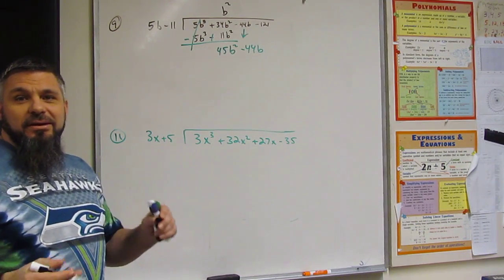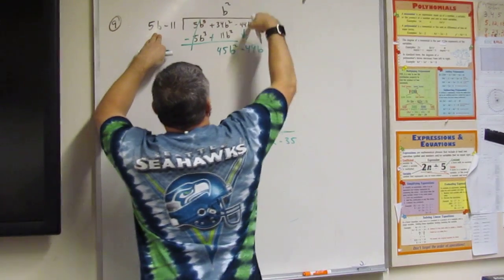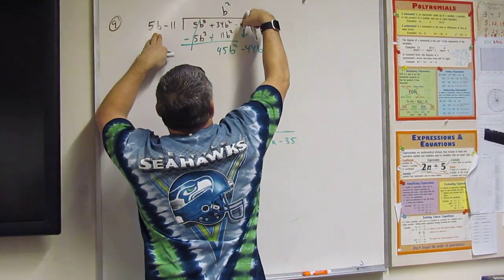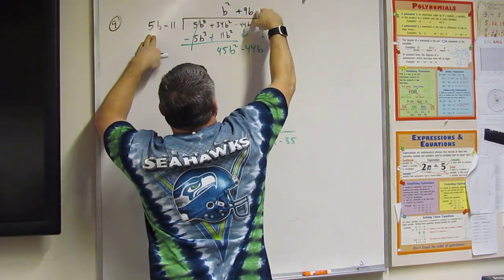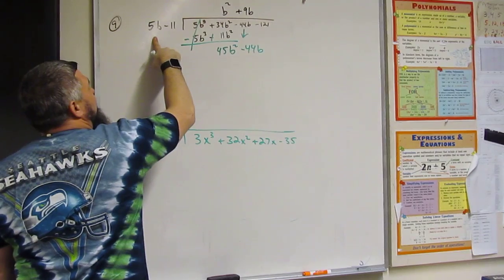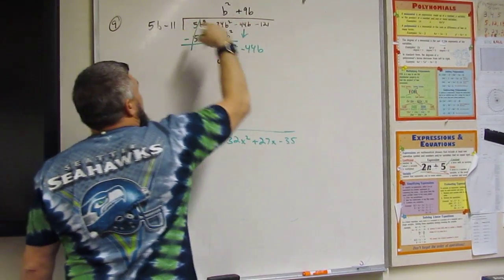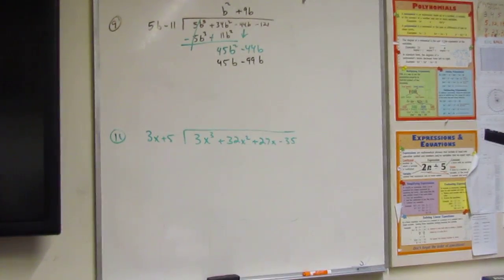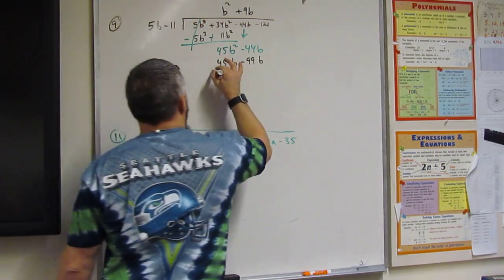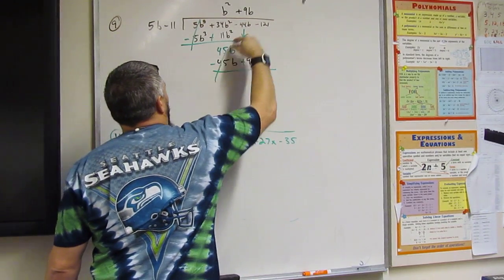B, right? You have one b, but you need two. So I need another b here. So I need 9b, and 9b times 5b is 45b squared. 9 times 11 is minus 99b, right? But then what do we do? Draw the line and change the sign. So then these are gone.